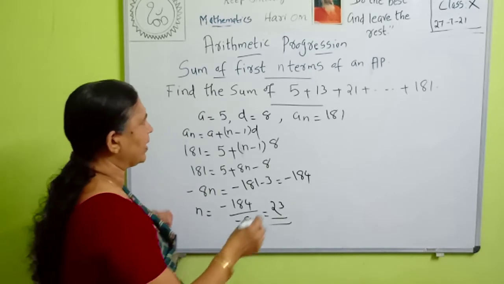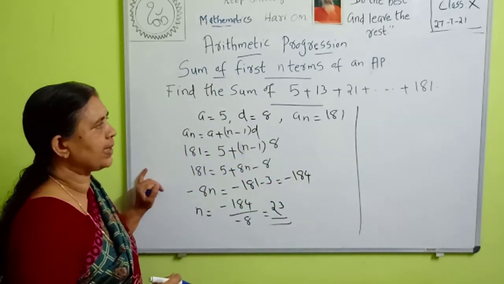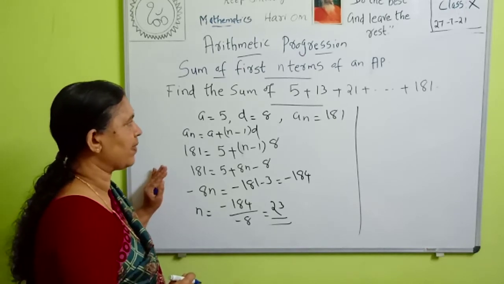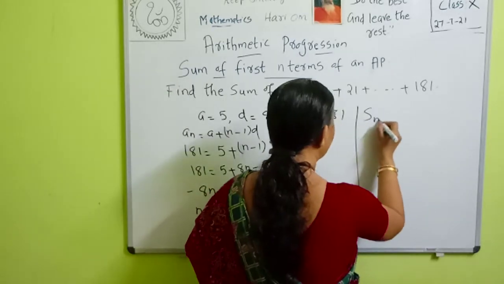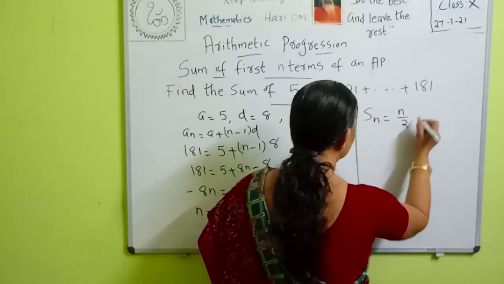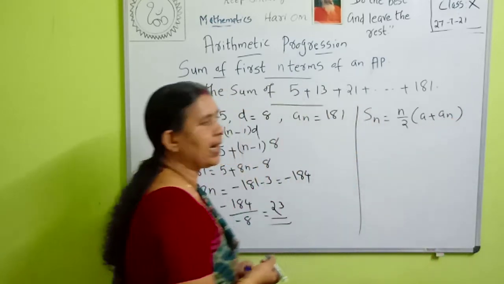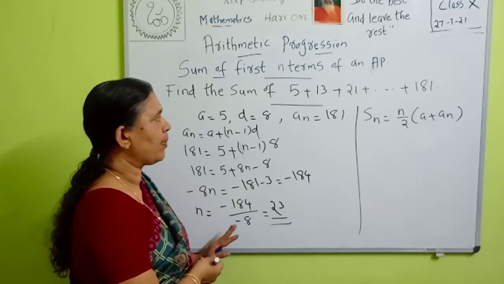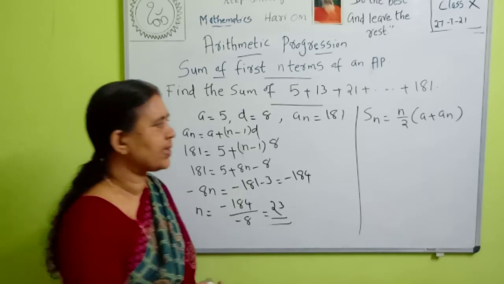Then we can find the sum of 5 plus 13 plus 21 plus up to 181. Here the first and last term are given. So we can use the formula Sn is equal to n by 2 into a plus An. The first and last term of the AP and n are given. We can find the sum of n terms of the AP using the formula Sn is equal to n by 2 into a plus An.